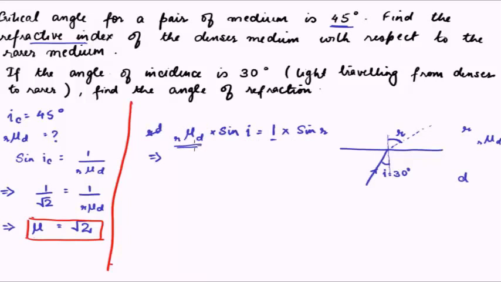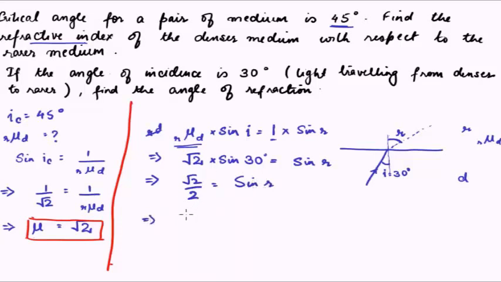Now we know this value. What is this value? This value is root under 2. Do we know the angle of incidence? Yes, we do know that as 30 degrees. So root 2 times sine of 30 should be equal to sine r. Upon simplification, sine 30 is 1 by 2, that is half. So root 2 upon 2 is sine r.